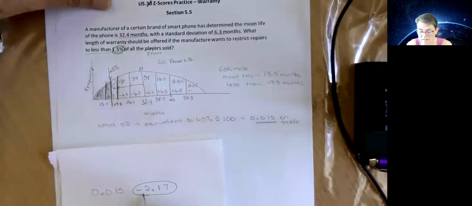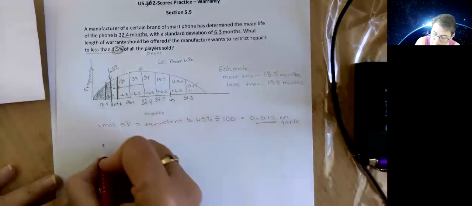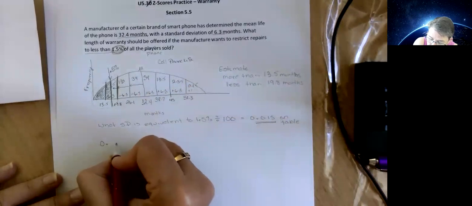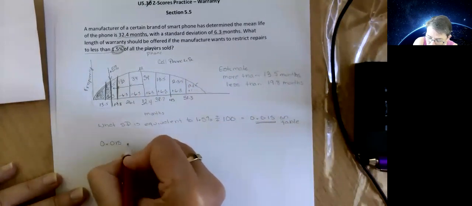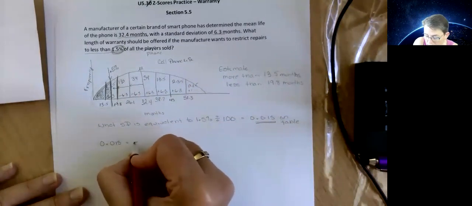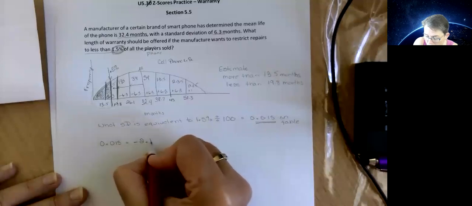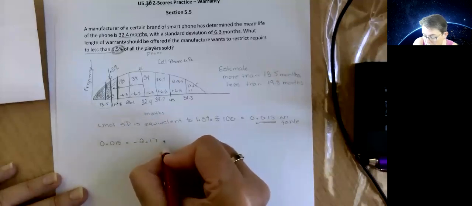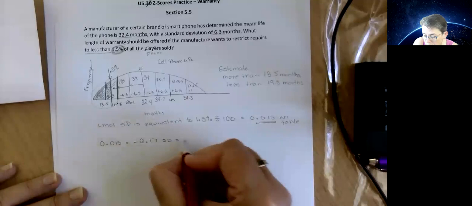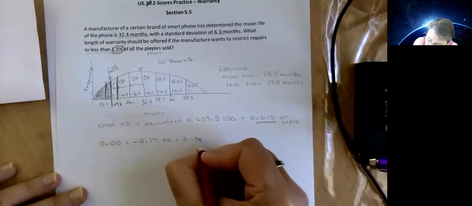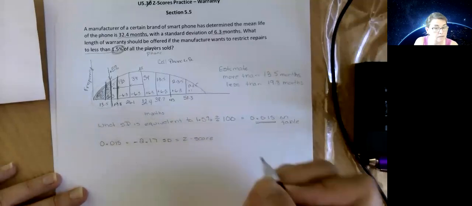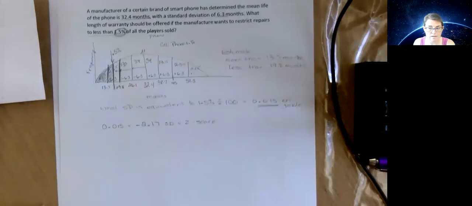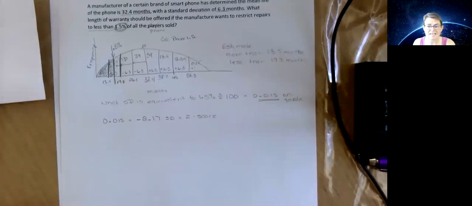So this is a reasonable answer to carry on. So 0.015 is equal to -2.17 standard deviations, which is my z-score. With me, right? Okay. Yeah.